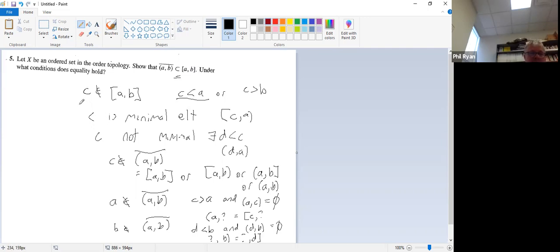Okay, so for example, like in Z plus, the closure of the open interval 1, 2, well, actually that's just going to be the empty set, right? Because there are no integers between 1 and 2.